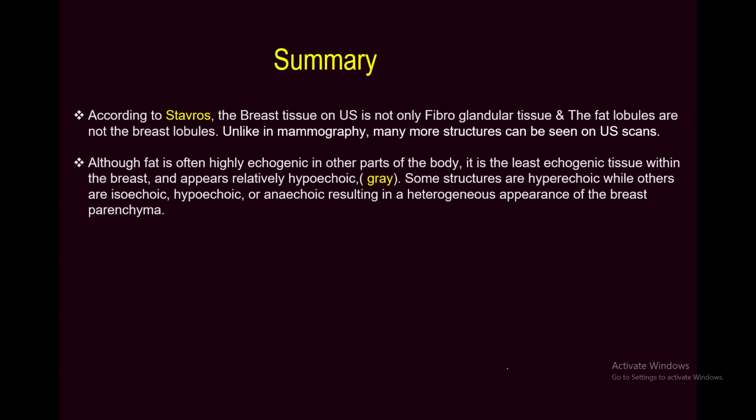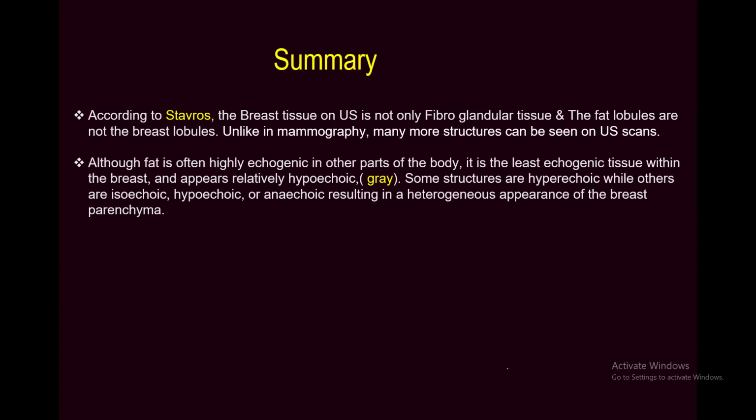Some structures are hyperechoic, like what? Like compact stroma, Cooper ligament, mammary fascia, and interlobular stroma, giving the brightness of fibroglandular tissue, while intralobular and periductal stroma are gray.